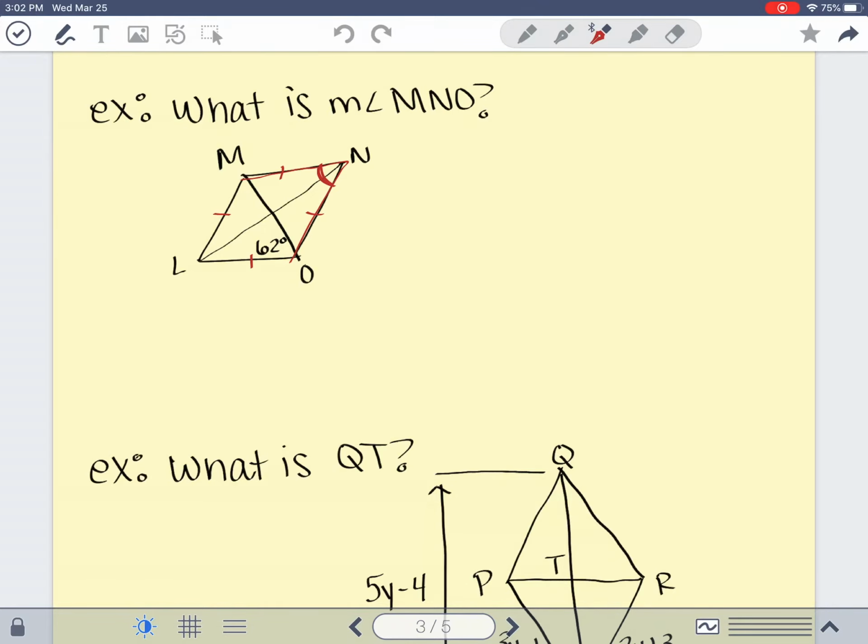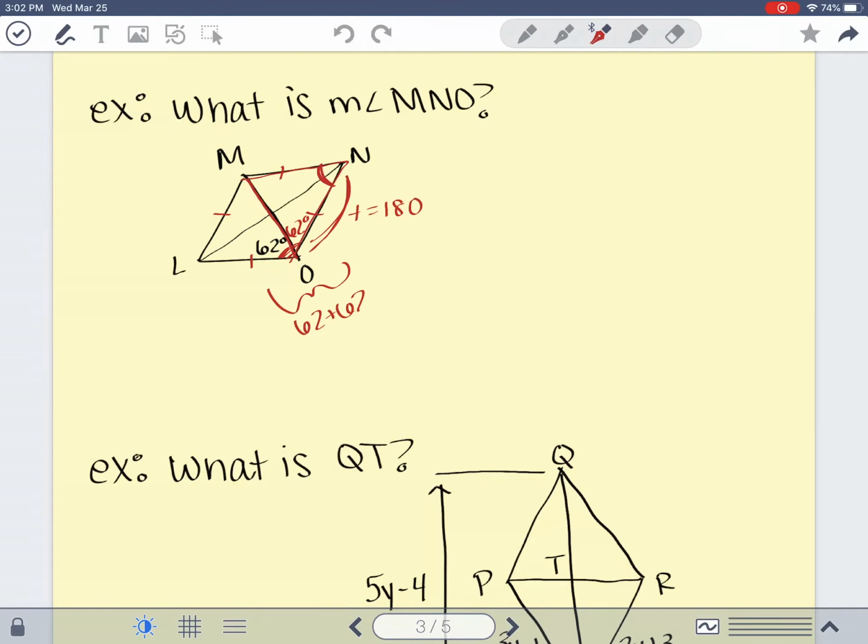If you remember, in a parallelogram, consecutive angles, so these two angles right here, are going to add up to equal 180. In a rhombus, we know that the diagonals bisect or cut in half each angle. So if this piece right here is 62, that means this piece over here is going to be 62.